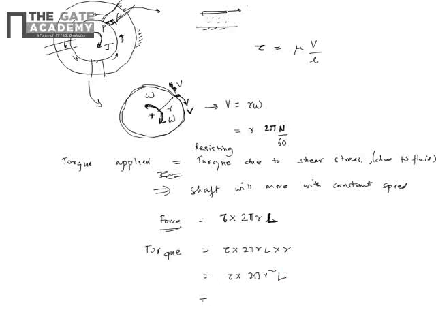Now how do I relate tau? Tau is again given by mu into V by l. Remember this small l is the gap.